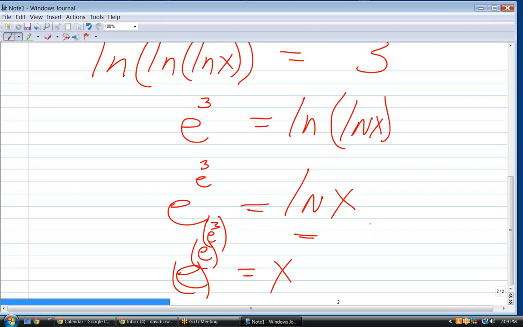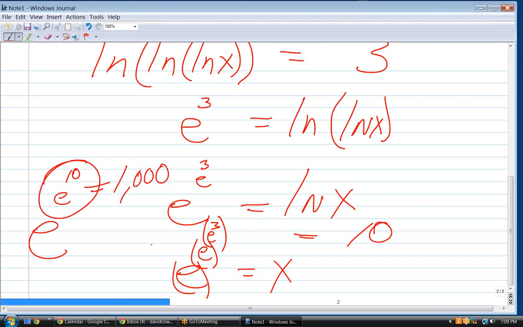Let's say e to the third power is 10. Okay? So now it would be e to the 10th. Now we have e to the 10th is 1,000. Well, then the final answer is e to 1,000.